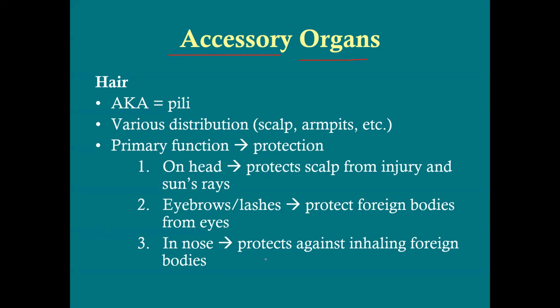Then we also have hair in your nose. Once again, people of Caucasian descent tend to have more than people of African descent. Why? Because once again, snow. You're filtering out larger particles out of the air you're breathing in during a snowstorm or something like that.